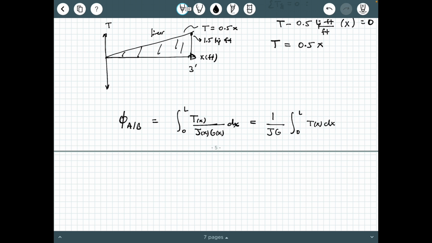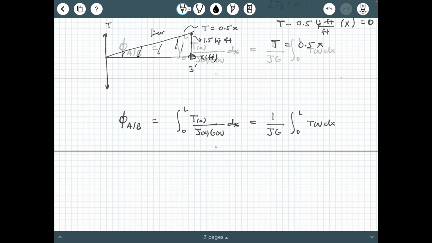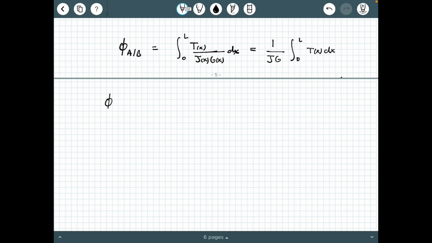Now, do we have all of these values? Yeah, absolutely. So phi of A with respect to B is equal to 1 over 8 inches to the 4th times 3,500 KSI, multiplied by the integral from 0 to 36 inches instead of 3 feet of 0.5x dx.